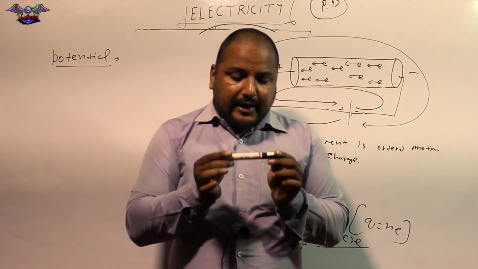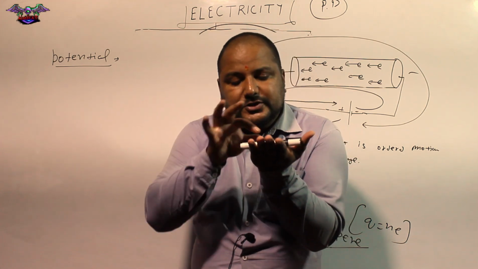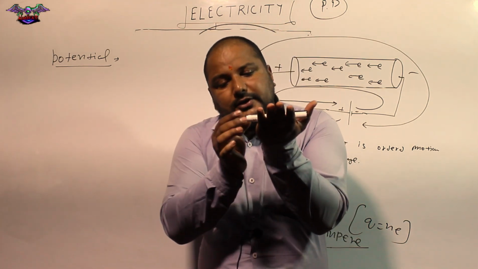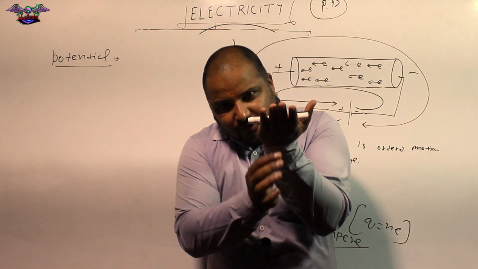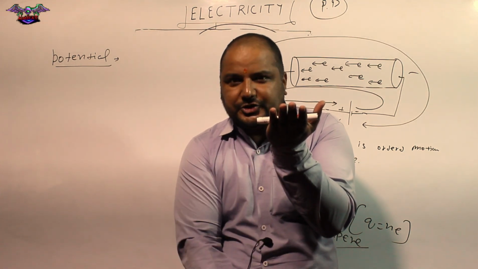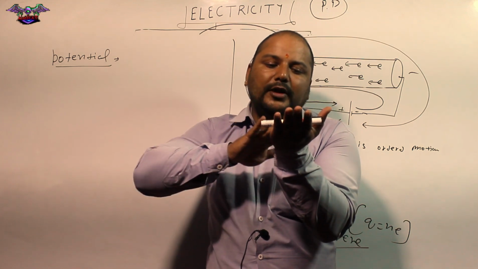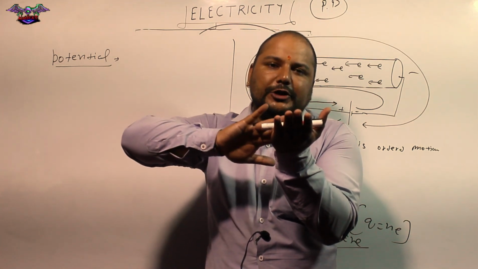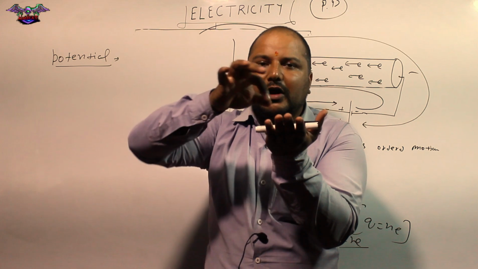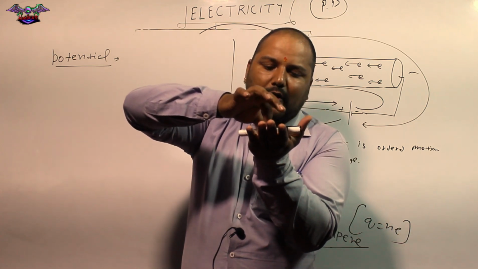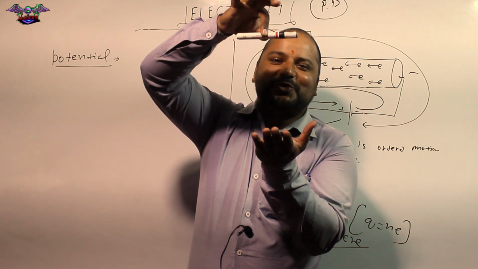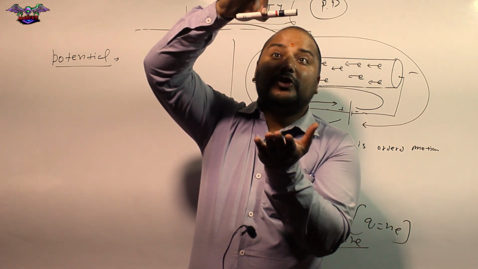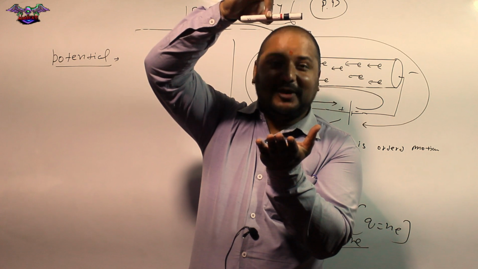Now, how was that potential created? There is a gravitational force on this marker. Gravitational force is in downward direction, right? I am doing the work opposite to the gravitational force. So that means potential is coming.